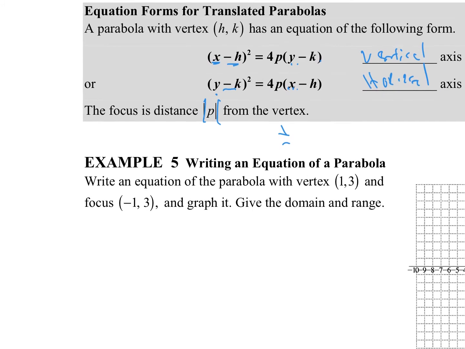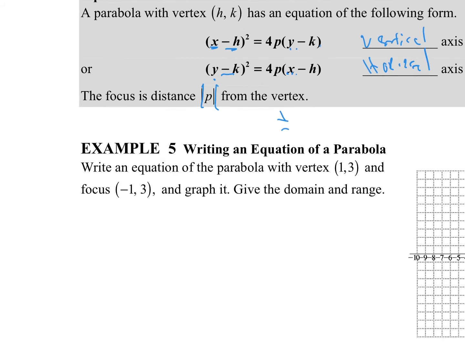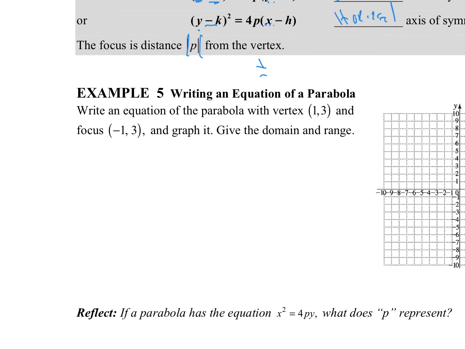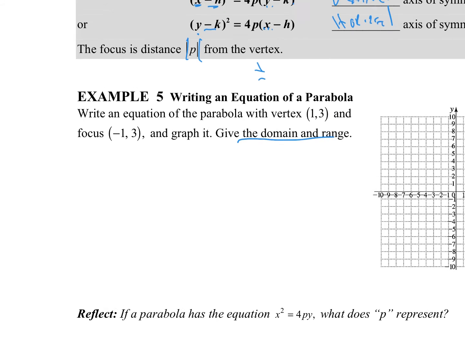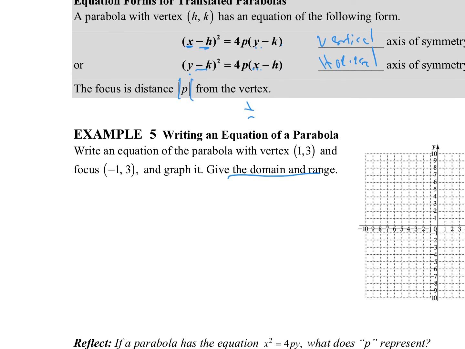Okay, now he's doing the whole full meal deal on this one. We're going to write the equation, and then we're going to graph it, and then we're going to give the domain and range. So write the equation of the parabola with a vertex at 1, 3. What I might do is write out the general equation. Here's what I need to do. I need to know if it's vertical or horizontal. So let me just do a couple graph points.